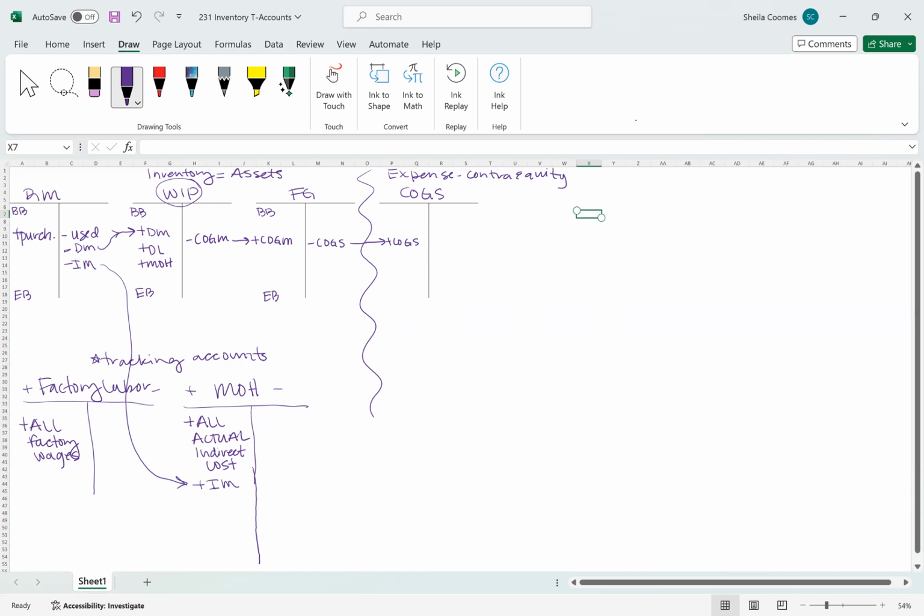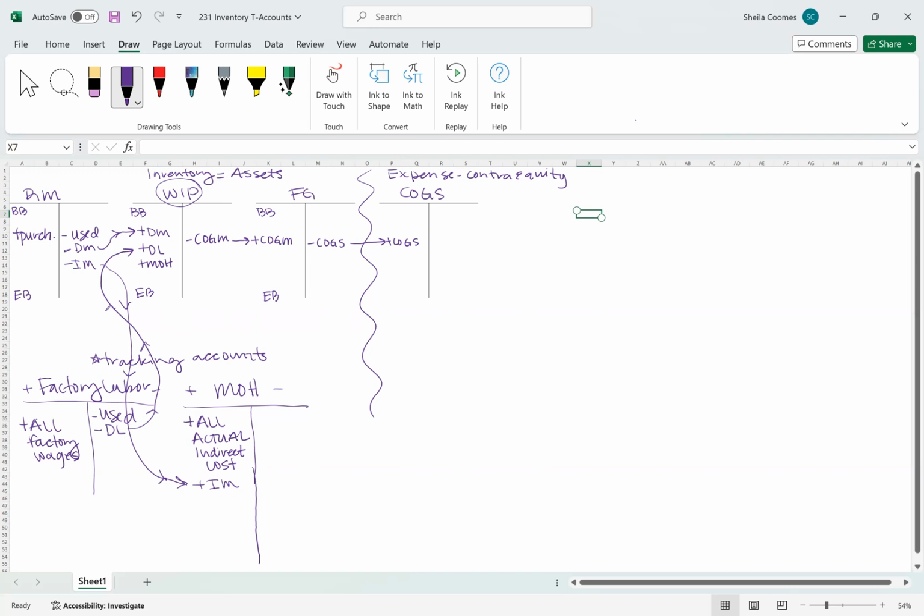Let's look at factory labor. So if we increased factory labor by all the wages of everybody that worked, we're going to decrease it by direct labor, again, used in the process. Now, we already saw direct labor go into work in process. Okay, let me draw some arrows on here to help you see these. Remember, indirect materials, those costs are going down into manufacturing overhead.